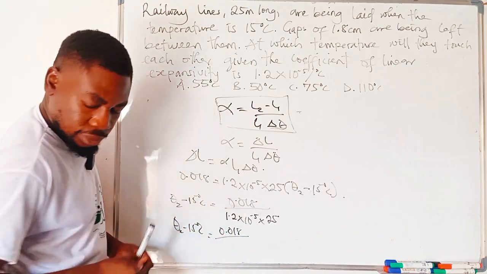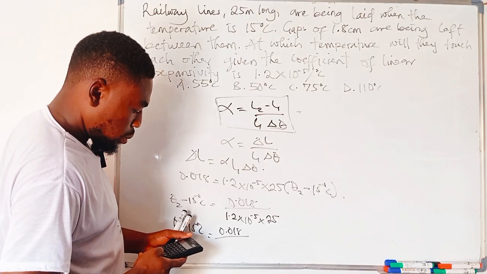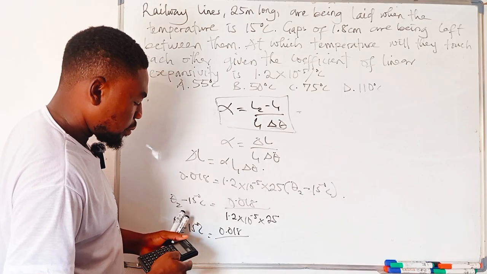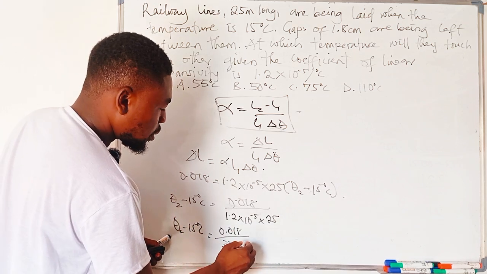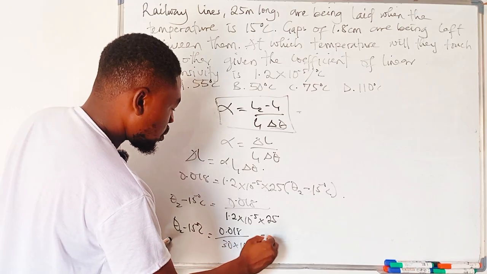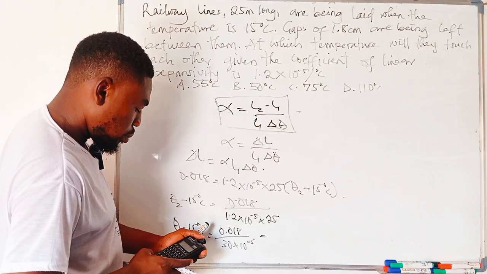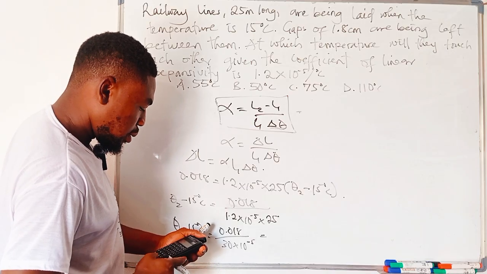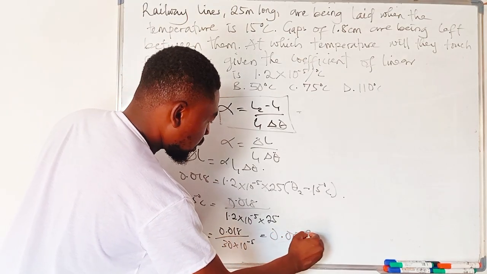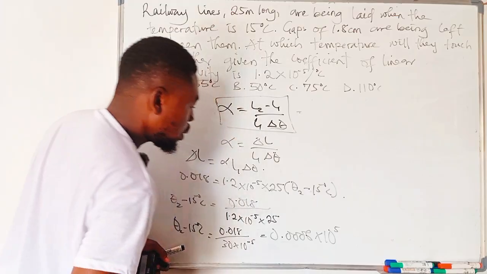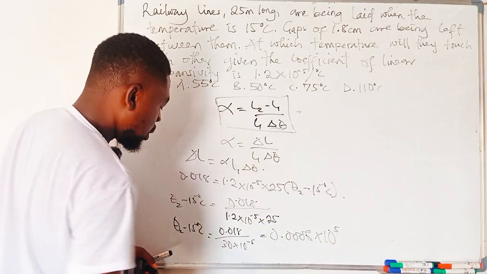So theta 2 minus 15 degrees Celsius will be equal to 0.018 divided by 1.2 times 25, which is 30, times 10 raised to power minus 5. 0.018 divided by 30 is 0.0006 times 10 raised to power 5. Notice that this minus 5 has become plus 5 because when it goes up, it becomes a positive sign.